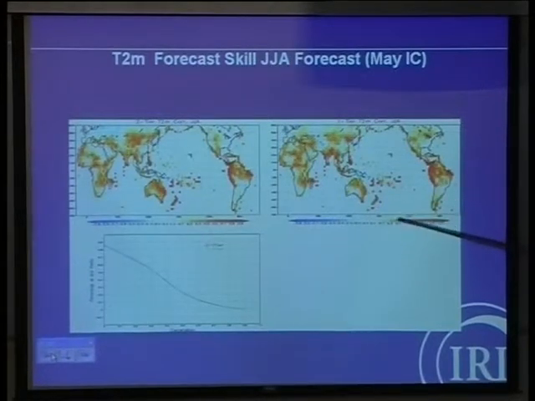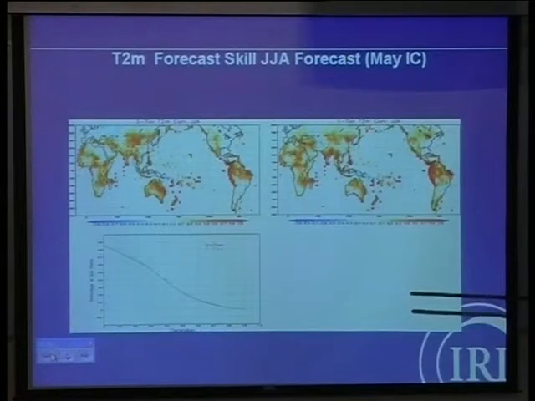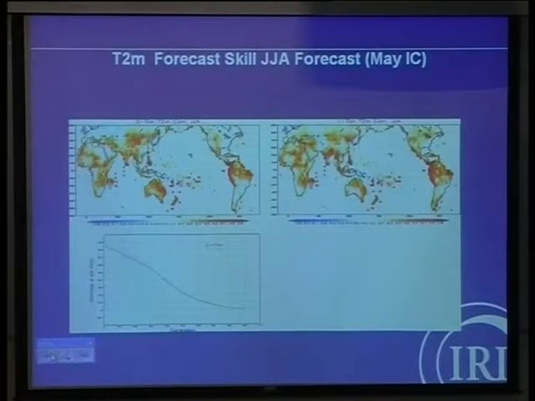What we know is that from the time sampling we have, which is on the order of 30 years, if you're doing this probabilistically and you have an anomaly correlation on the order of 0.3, you have some small amount of information you can use. Obviously, you would like it to be higher, but anything below 0.3, I would argue, is useless. Above 0.3, you have a chance, but it will depend upon things like statistically correcting the signal, downscaling, these sorts of things.